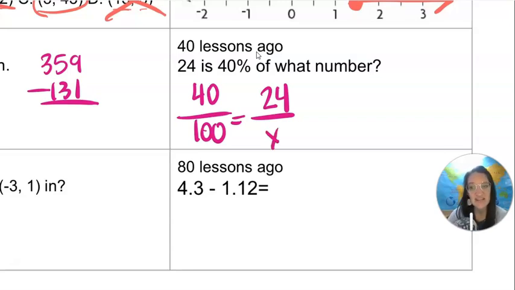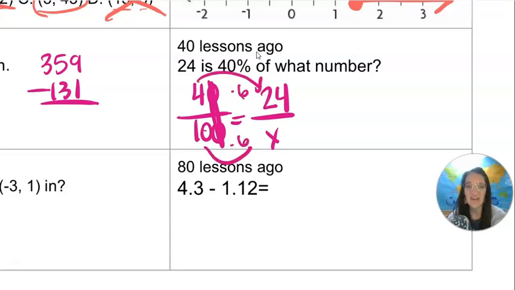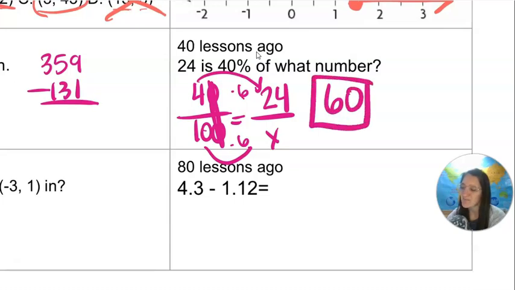Now, don't do the decimal way. Don't change 40% to a 0.4 and times it. That only works if we don't know the part. And in this case, we know the part. We don't know the whole. So what we can do is look for a relationship. If I simplified, divided 40 and 100 by 10, I got 4 tenths, and then found a relationship of times by 6, so I could say 60.